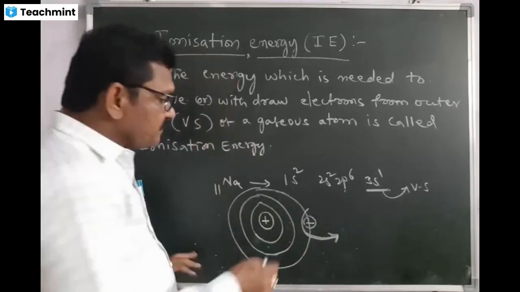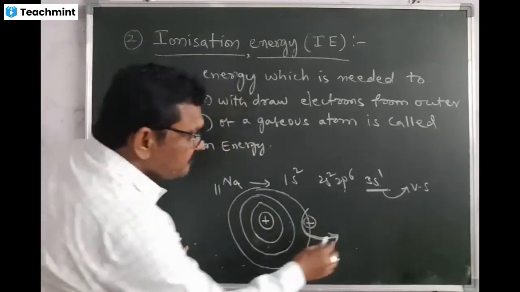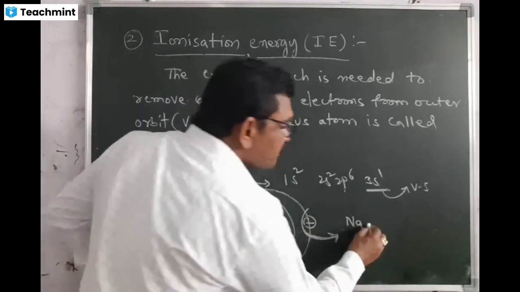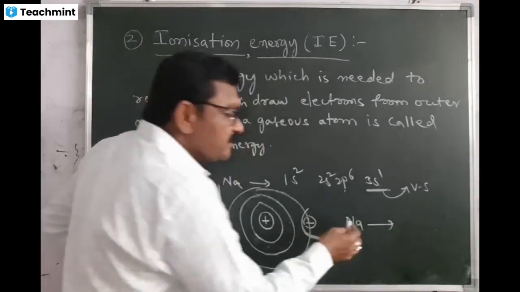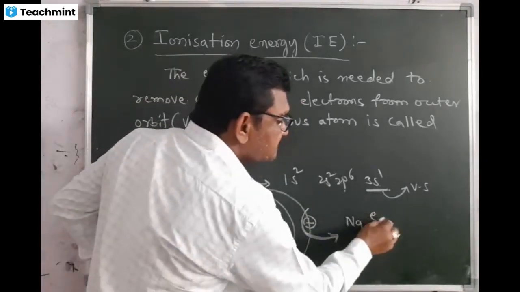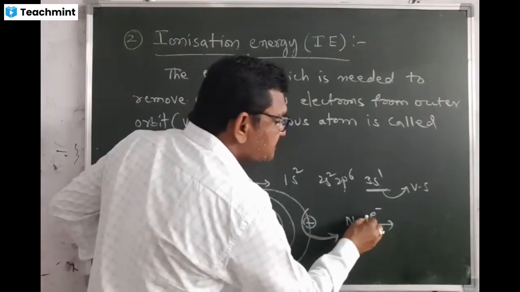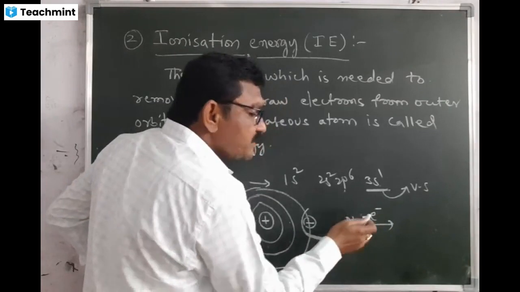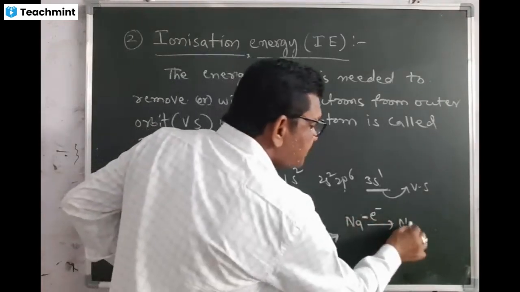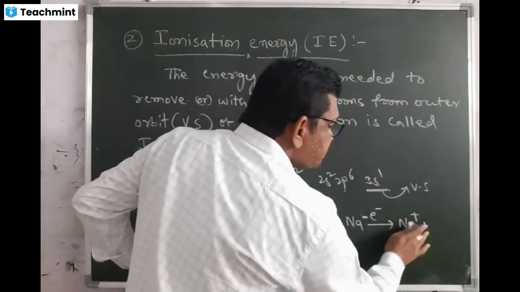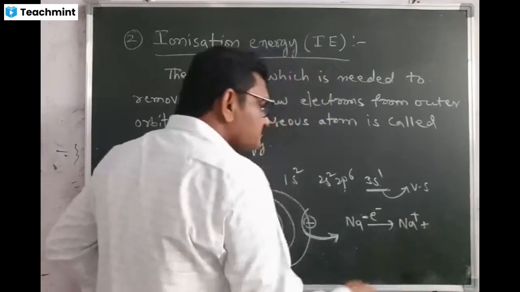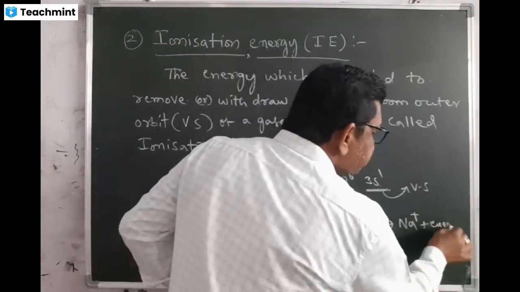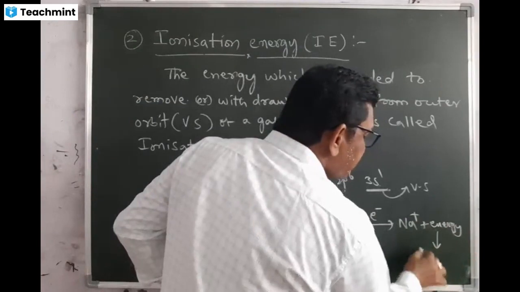Understood? So, for example, here Na, you can withdraw the electron, that means remove the electron, minus e. When sodium loses one electron, it becomes Na plus. The energy involved we consider as ionization energy.